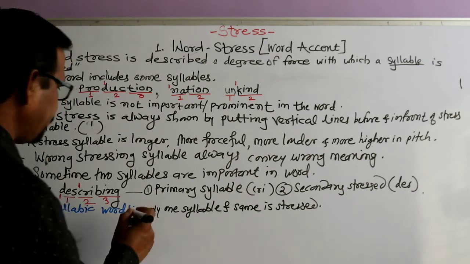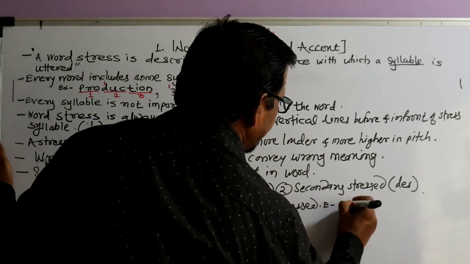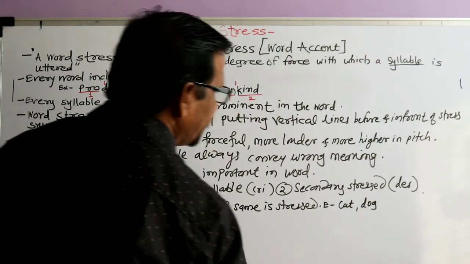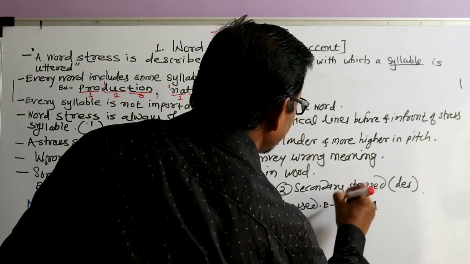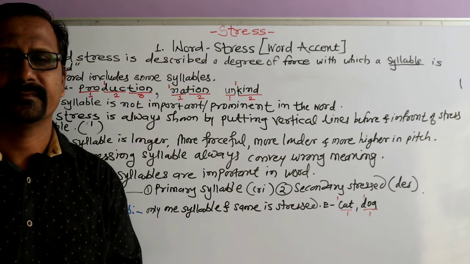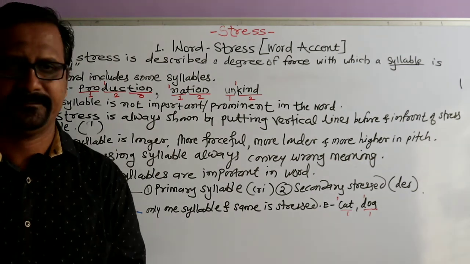Just take one example. For example, words like cat and dog: every word has only one syllable, and that same syllable is stressed. Monosyllabic consists of only one syllable.